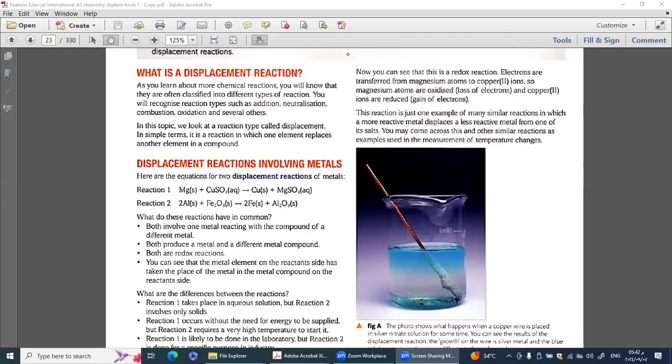In displacement reactions, if we have Zn plus H2SO4, Zn is more reactive than H2.